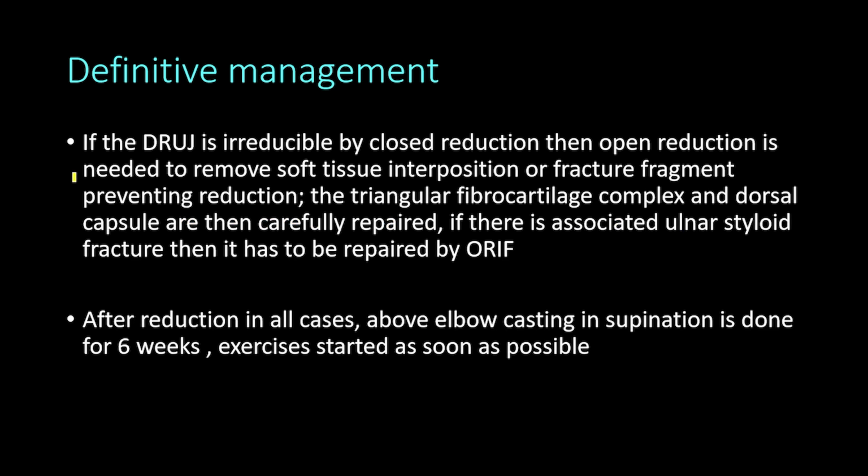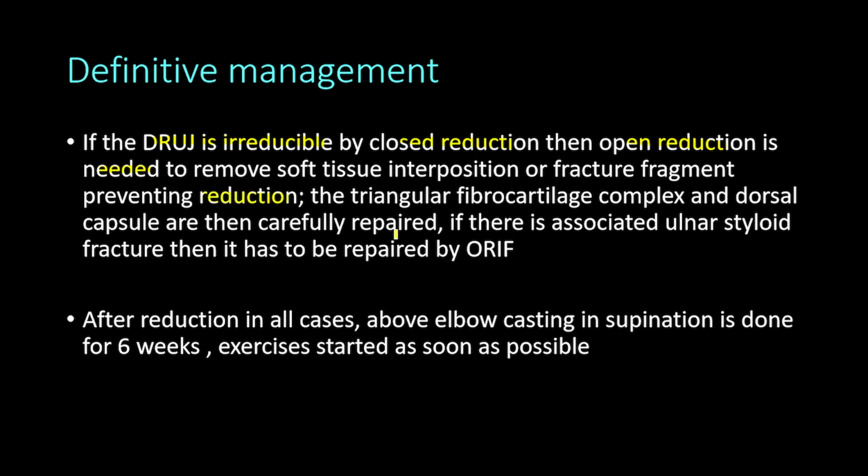Now the third possibility is that if we restore the radius to its full length and the DRUJ is irreducible, meaning the distal radioulnar joint didn't reduce on its own, and we try to reduce it, but it did not reduce, meaning it is irreducible by closed reduction, then open reduction of the DRUJ is needed to remove soft tissue interposition or fracture fragments preventing reduction.